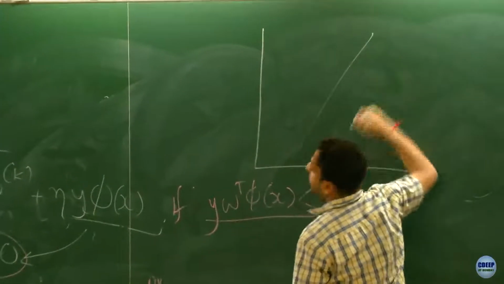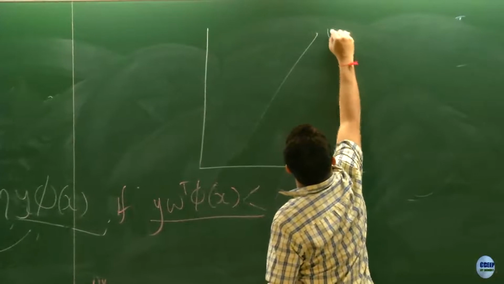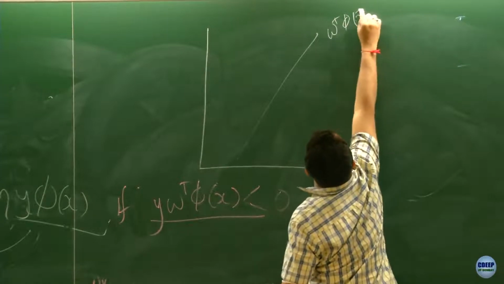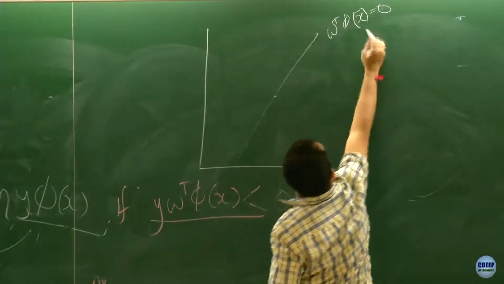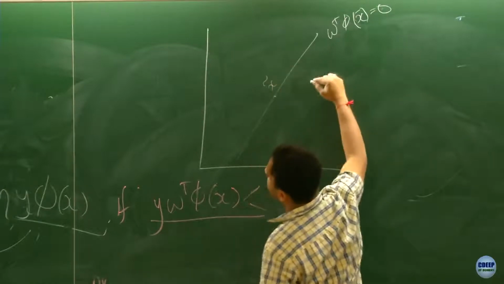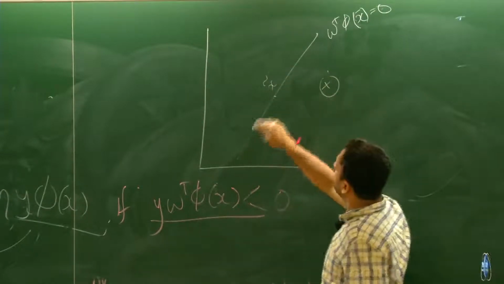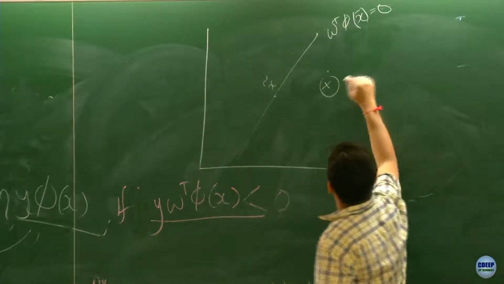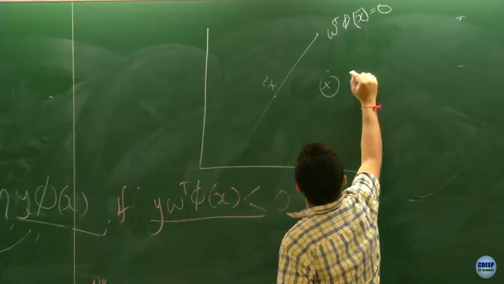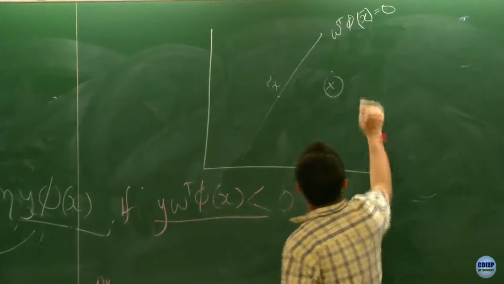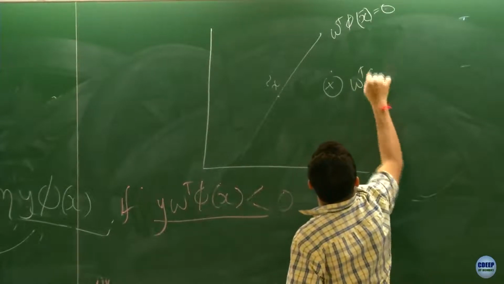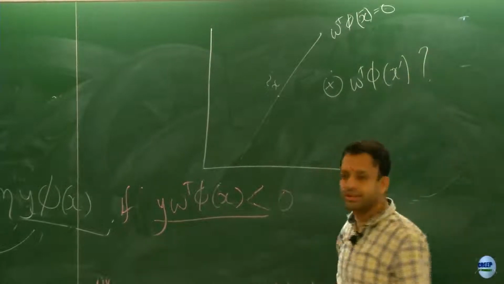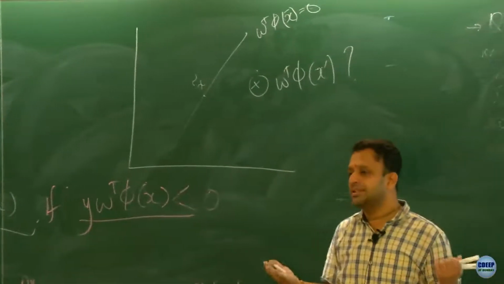So here's my classifier W transpose phi, and I know that for x tilde it is 0, where x tilde is here. This was a positive point, misclassified, and I call this x prime. My query was: what is W transpose phi x prime? We are saying it should be less than 0, but what does it really mean?